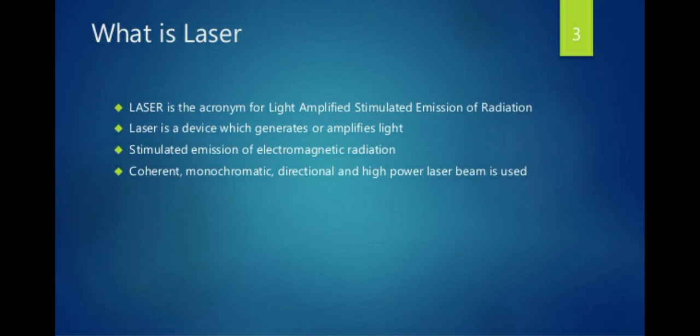The first one is coherence. What is coherence? In laser, basically light energy is used. That light energy is always trying to escape from the path. But the coherence effect means that escaping electrons will not be allowed to go out of the line.